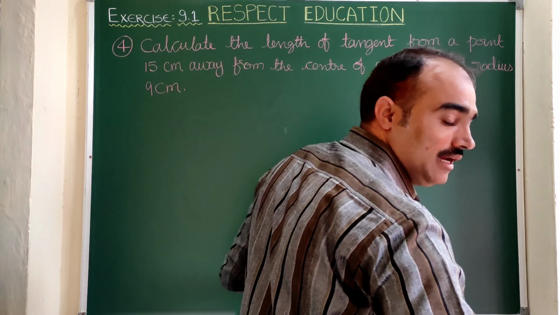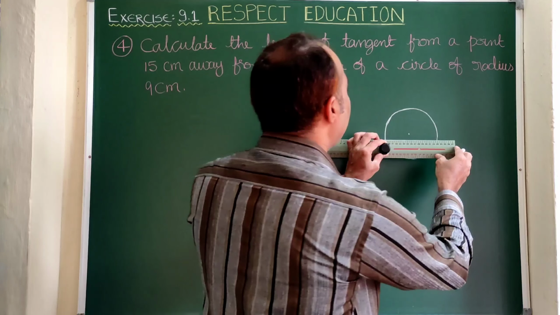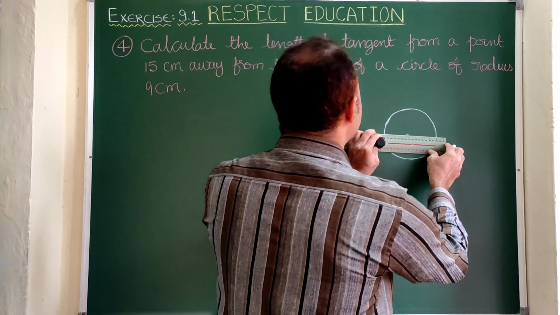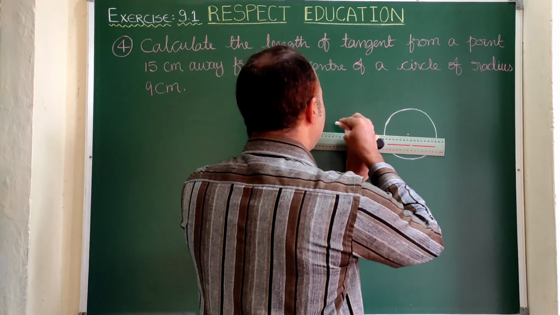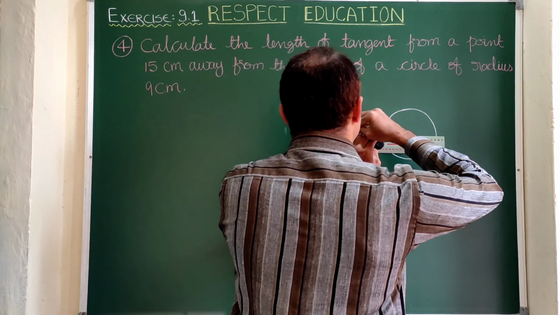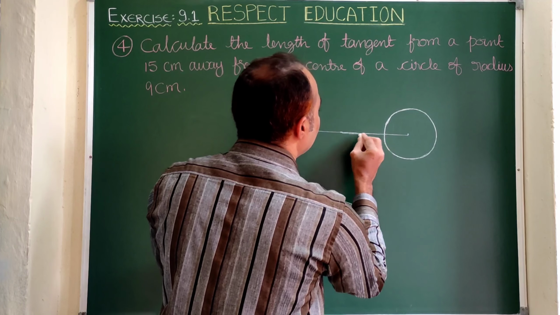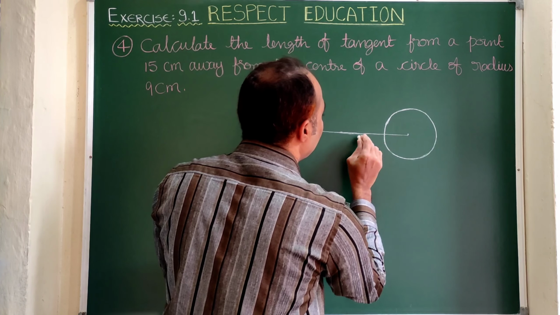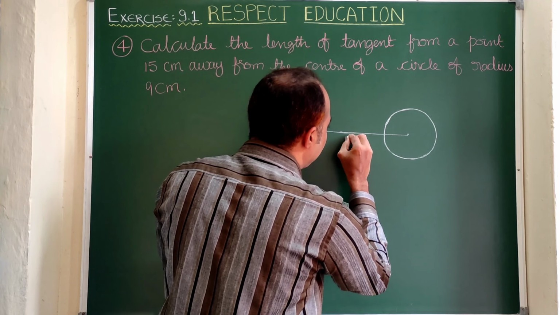Here, as I am telling you once again, we need not take the exact measurements. So here I am taking a point. So the distance between this point to the center is 15 centimeter. This is 15 centimeter.